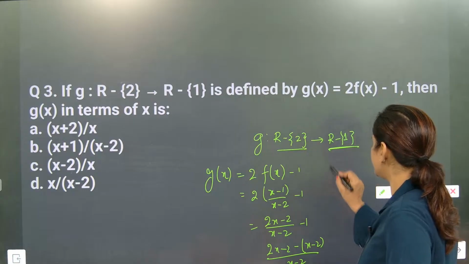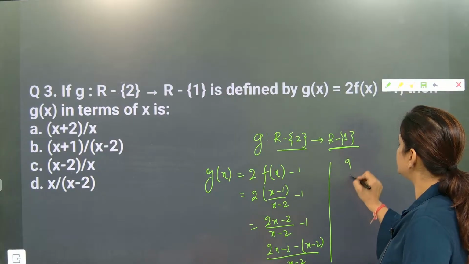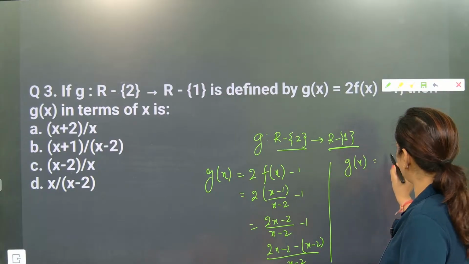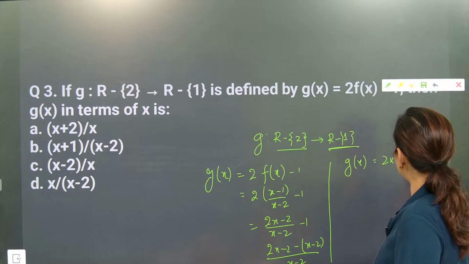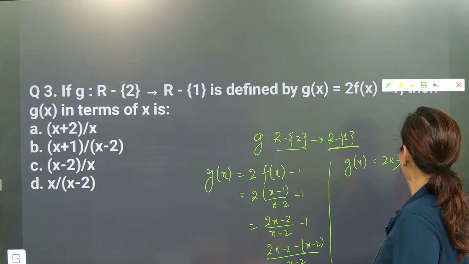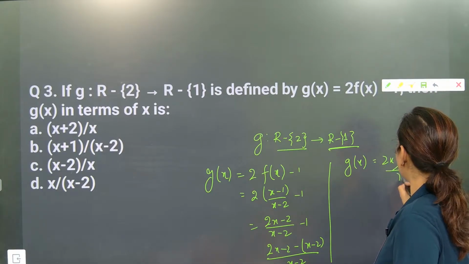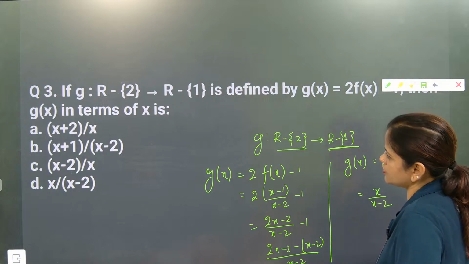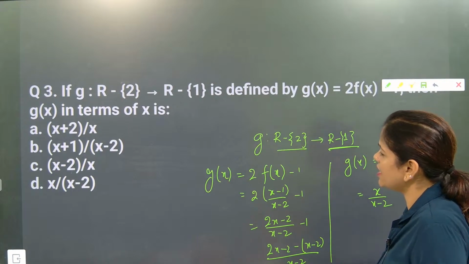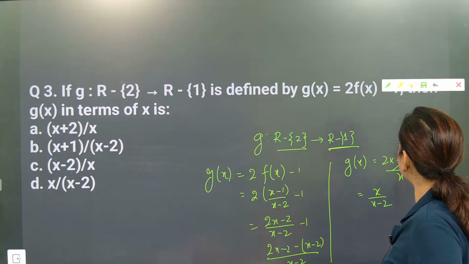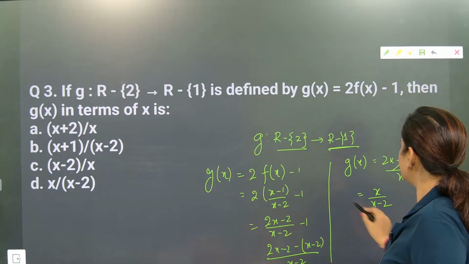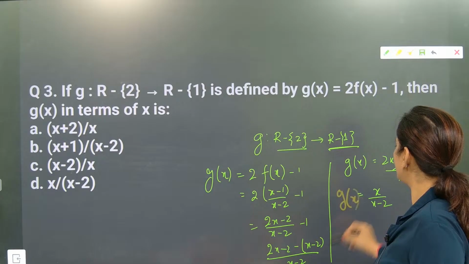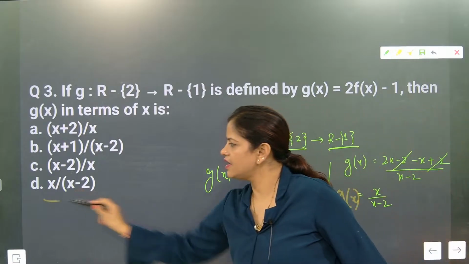So g of x is equal to (2x minus 2 minus x plus 2)/(x minus 2). Minus 2 plus 2 will get cancelled, so it will come x by x minus 2. So what will be the function here, beta? Then g of x is x by x minus 2.